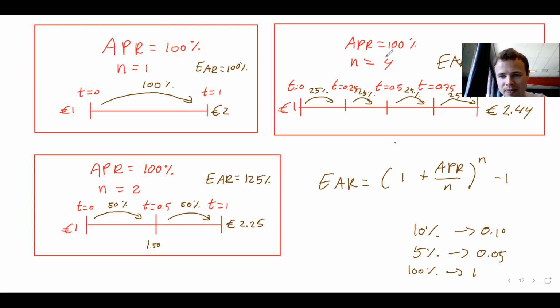Okay. So N is the number of times the interest is paid out. Do you only pay out 1 times 100%, or for example, 2 times 50%? Then you will see that the 2 times 50% is better, because then you have more compounding. Then you end up with 2.25 instead of 2. Do you see that? Yeah, I get it now.